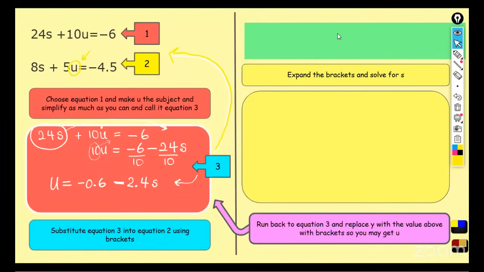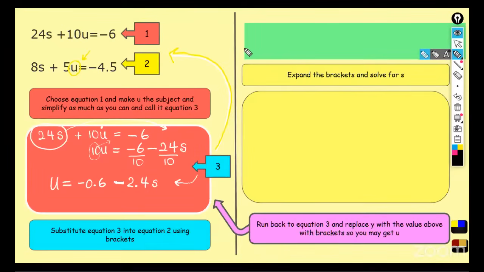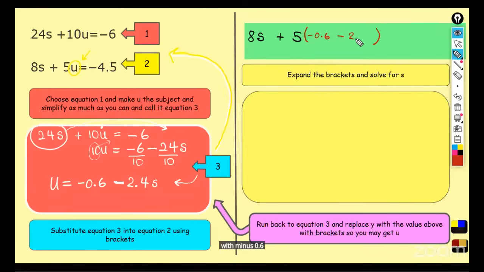Let me help you a little bit. Some of you might have the substitution part wrong, no problem. We have 8S, writing it like an S, plus 5. Look at the U here. We have to replace that U, I'll use a different color, with what in brackets? With minus 0.6 minus 2.4S.